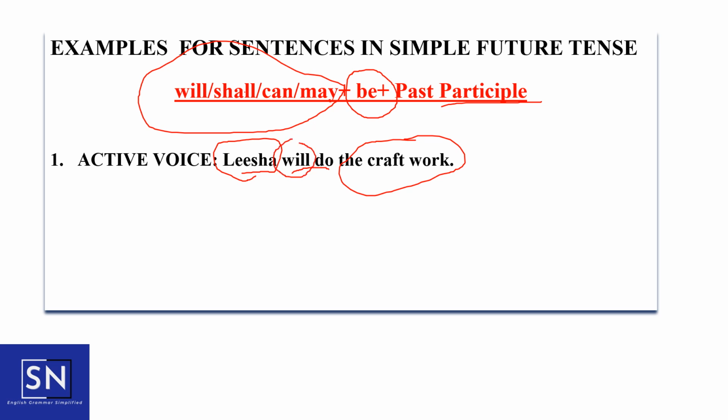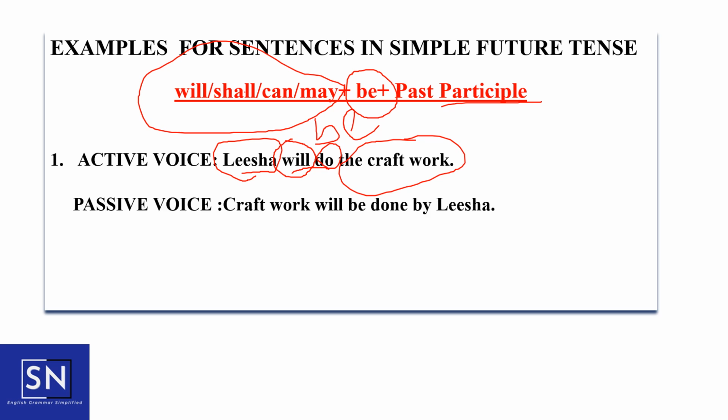Will, when you change from active to passive, will be, right? Will be. Then do. What is the past participle form of do? Yes, it is done. Now let's see. Craft work will be done by Lisha.